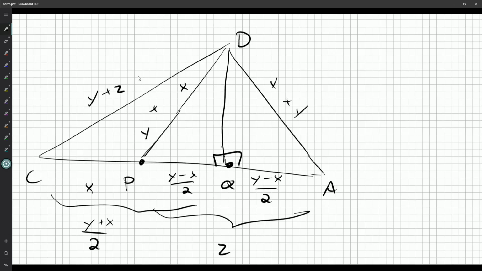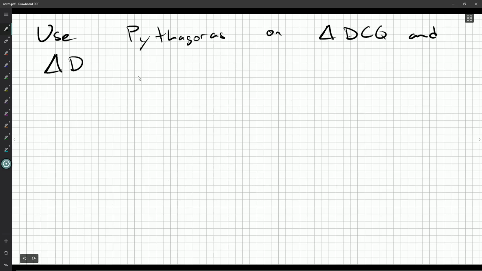But I think we can get two Pythagorean theorems. So use Pythagoras on triangle DCQ and triangle, I guess we can do PQ.